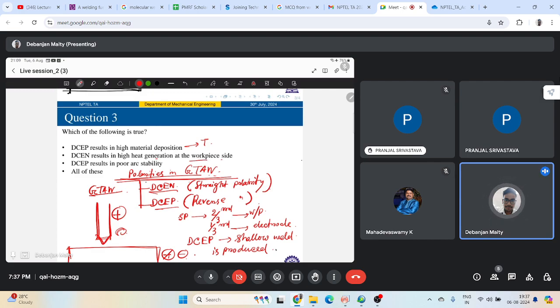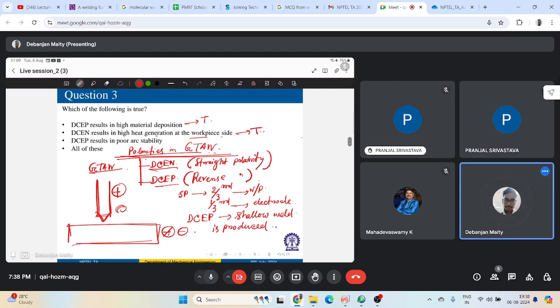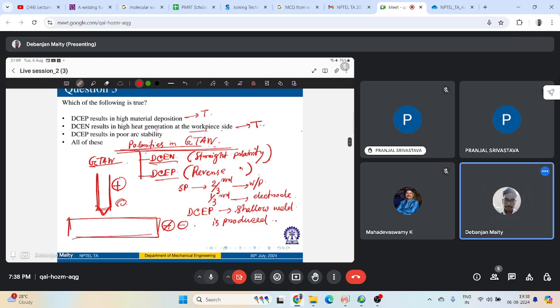DCEN results in high heat generation at the workpiece. This is also true. As I was saying, two-thirds of the heat will be generated if the workpiece is positive, so more heat will be generated at the anode side. And then DCEP results in poor arc stability. If it is DCEP, that means the electrode is positive, right? Better arc stability will always be there if it is straight polarity.